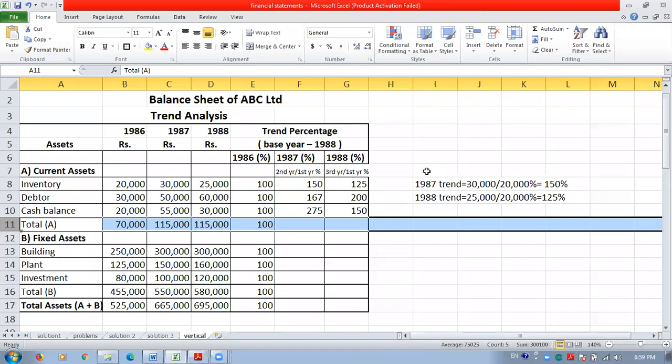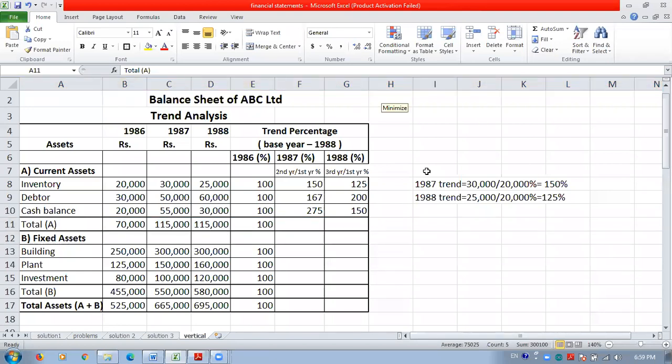Meghna, what is this 400 and 159? Calculate for second year and third year. Okay. So how will you calculate this? 1 lakh 15,000 divided by 70,000 percentage.